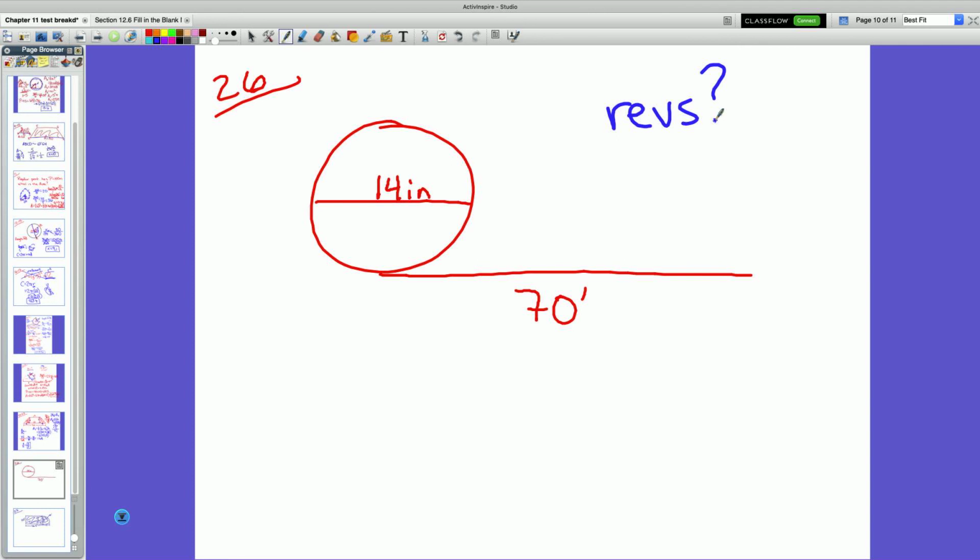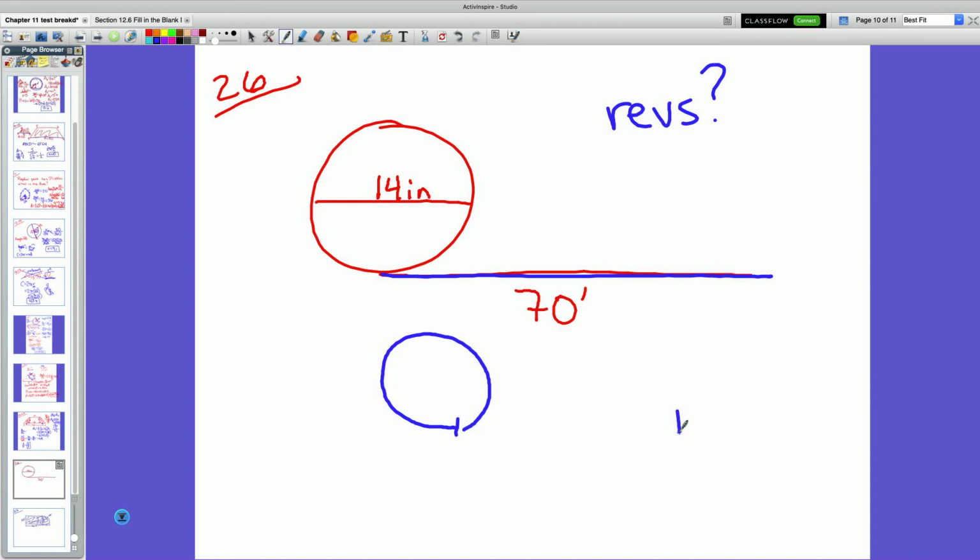So you have to really think about it. If I'm talking about revolutions and I'm talking about a distance, then what I'm really talking about is how many circumferences, right? Because every time the tire goes around, it covers that much distance. If I could take this and stretch it out, it would cover that much distance.